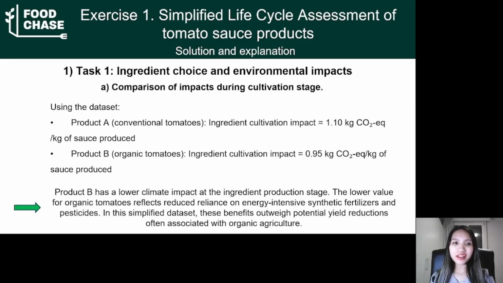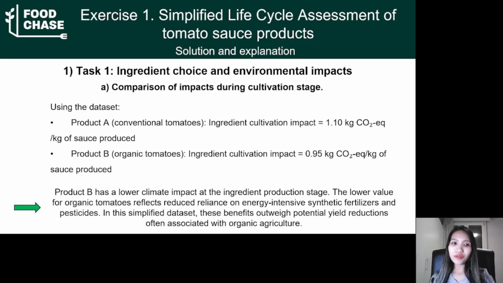From the data set, we have the impact from ingredient cultivation of product A is equal to 1.10 kilogram CO2 equivalents per kilogram of source produce, while in case of product B, the impact is only 0.95 kilogram CO2 equivalents per kilogram of source produce. So the product B has lower climate impact at the ingredient production stage.